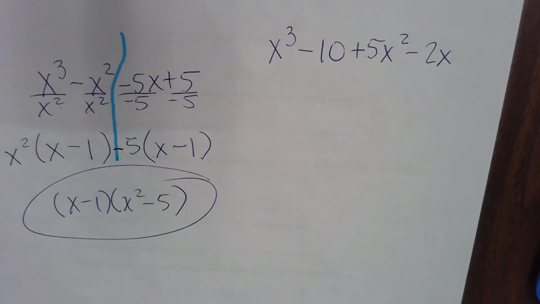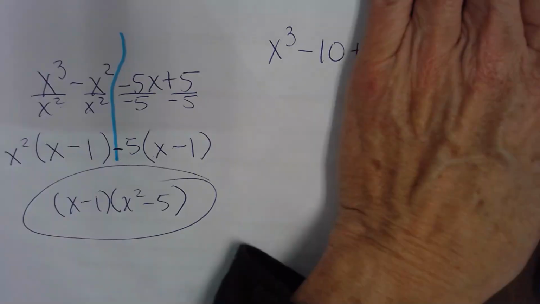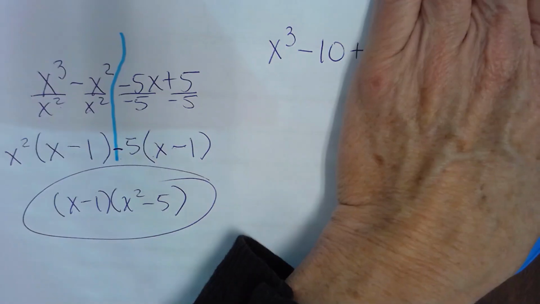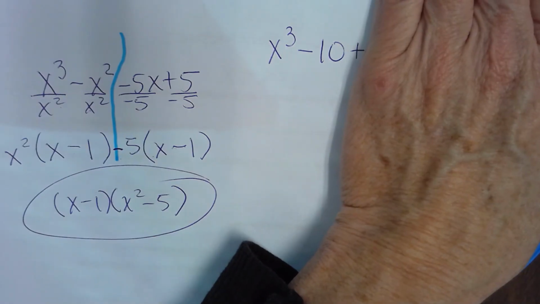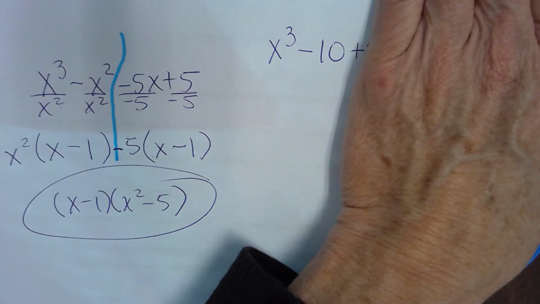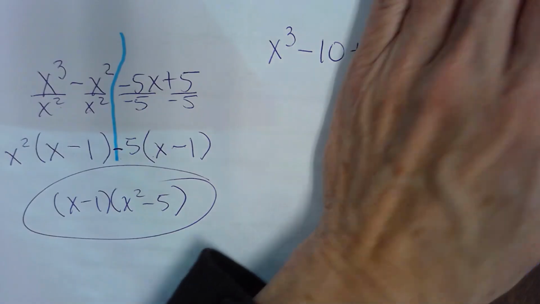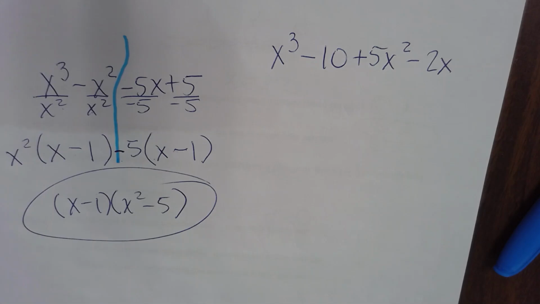Y'all, this will not come out right if we factor this. It needs to be regrouped. In other words, this is not going to work out. Do I have a common factor with those two? There's nothing. There's no variables in common. There's nothing other than a 1. So y'all, I need to regroup these.